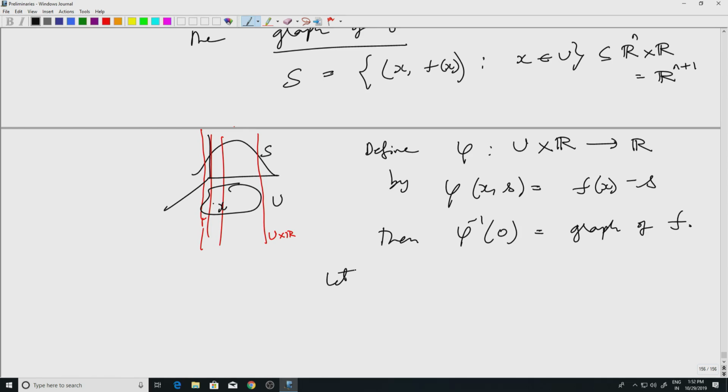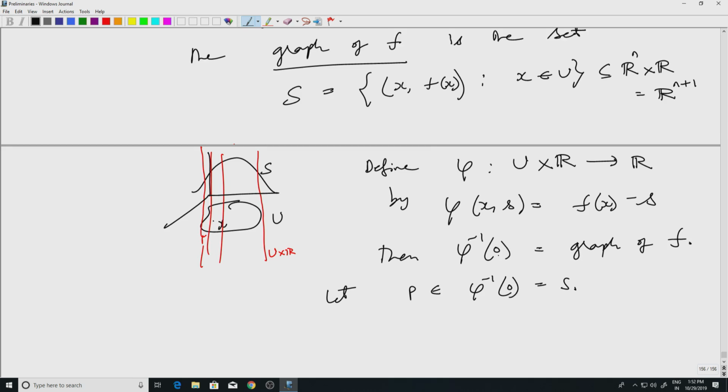Let P belong to phi inverse 0, which is equal to S. So I just have to check d phi at P from R^(n+1) to R. I have to look at the rank of this linear transformation, and since the target is one dimensional, it's enough to show that if I can find a single vector in R^(n+1) whose image is non-zero, then this map is surjective.